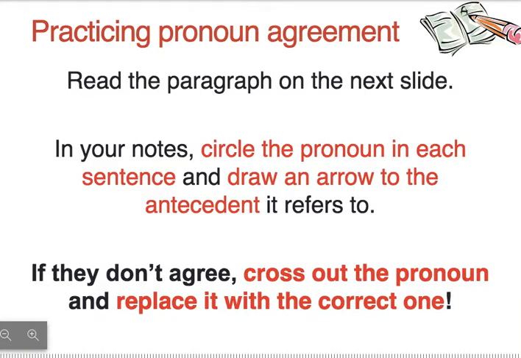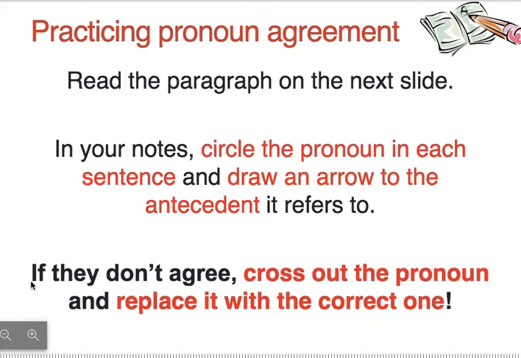So now it's your turn. You're going to read the paragraph on the next slide in your notes and circle the pronoun in each sentence and then draw an arrow to the antecedent it refers to. So just like we did in the earlier example, go through and find all the pronouns and circle them, and then draw an arrow to what they're talking about, the antecedent.